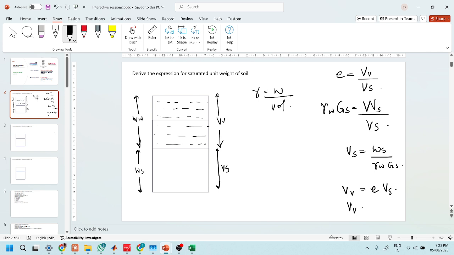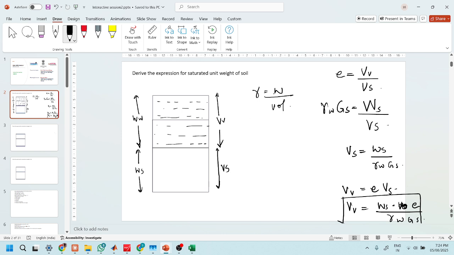So volume of voids equals e times weight of solids over gamma s. This will be the volume of voids.